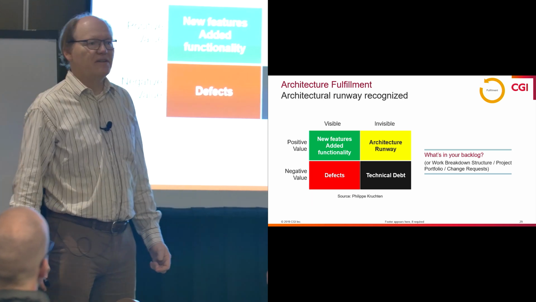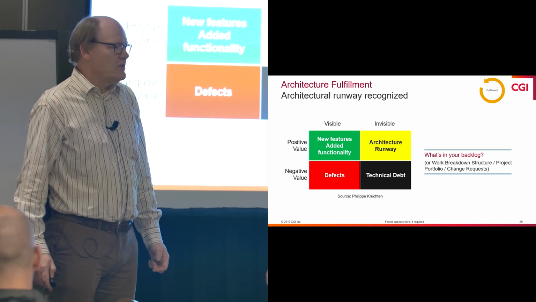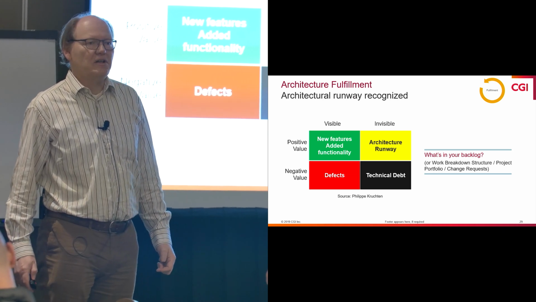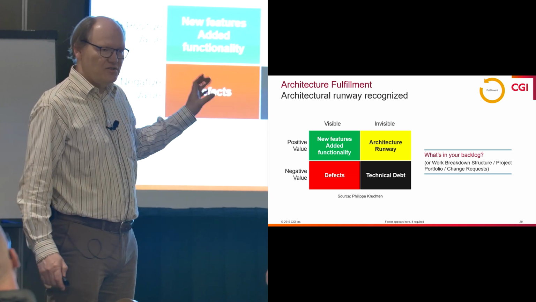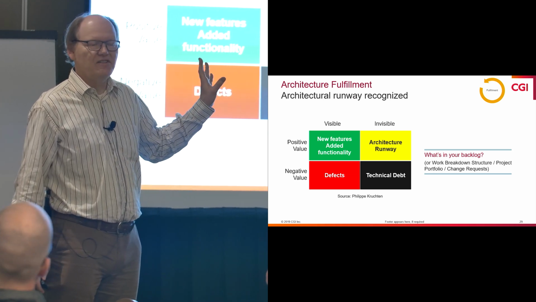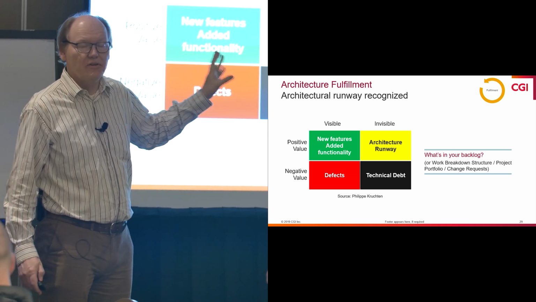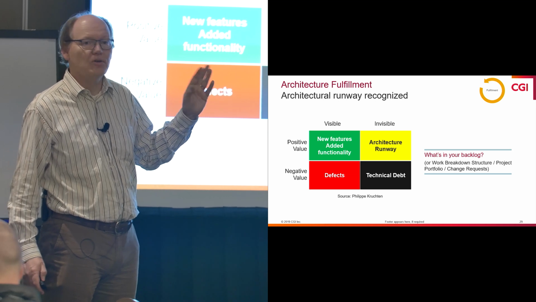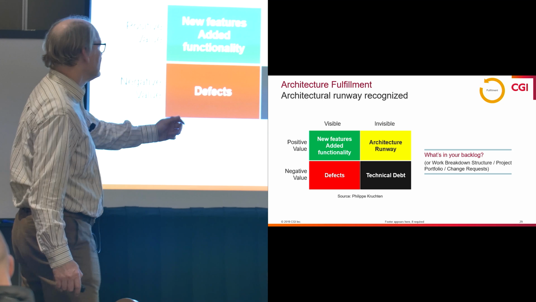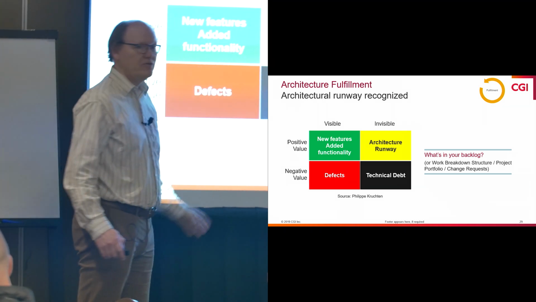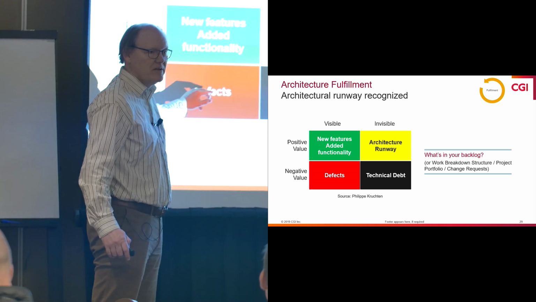How do we know something is technical debt? Well, we had a whole session about that this morning, but the easy way to remember is: are you paying interest? As long as this stuff is in your backlog, are you running specific risks, or is delivering the functionality actually a lot harder? In that case, you're paying interest. If you're paying interest, it's debt. It's black rather than yellow. By the way, for those of you who cannot see the colors clearly, this is yellow, this is green, this is red, this is black.